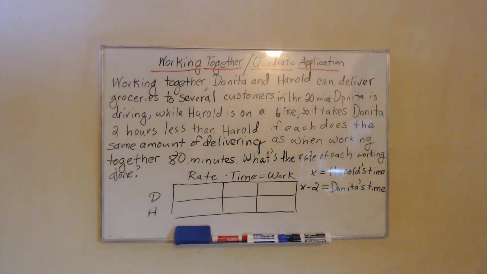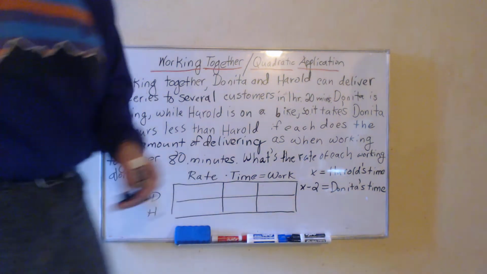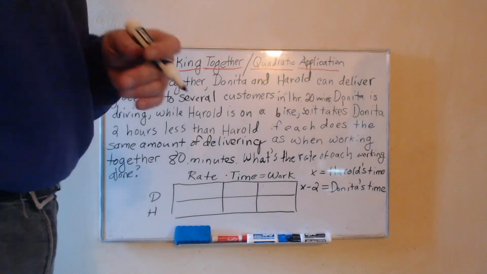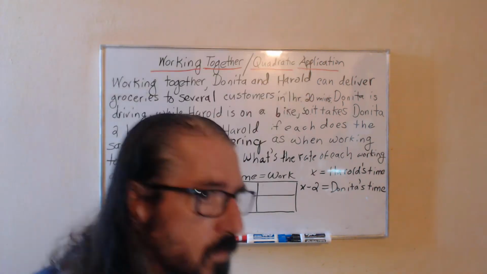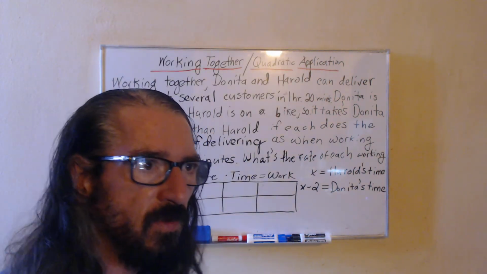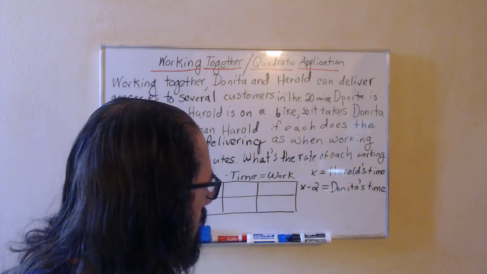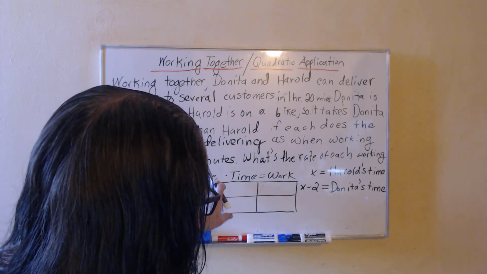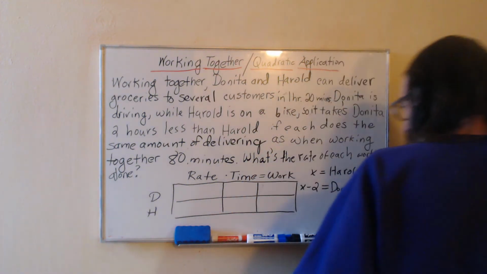Now, we can also use that to talk about their rates. We could divide both sides by t.